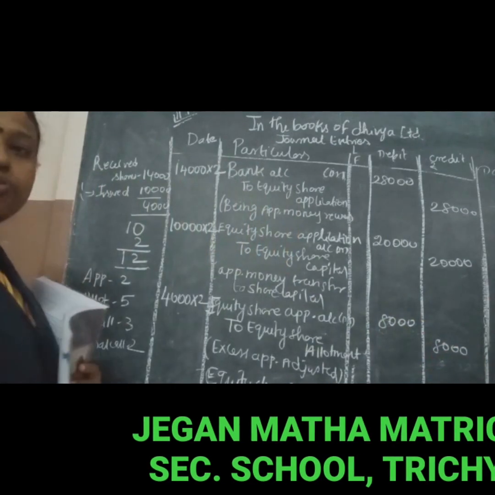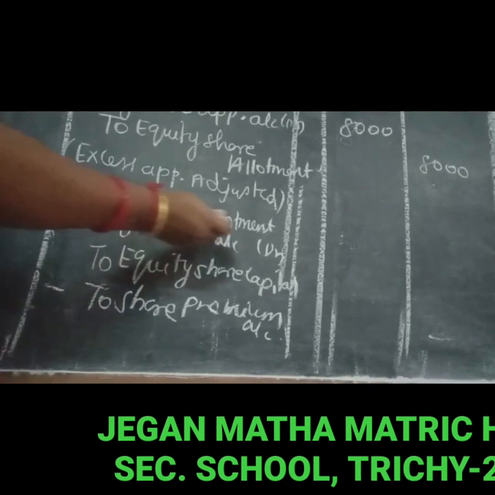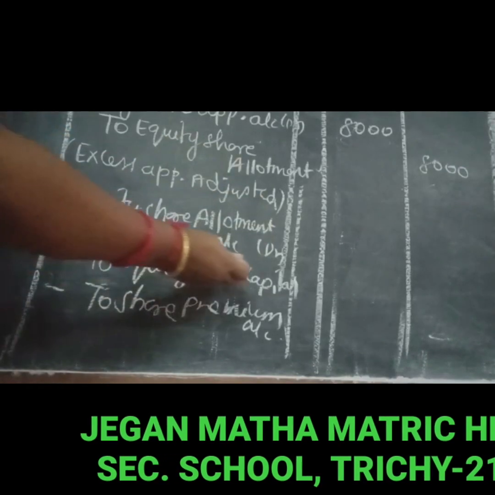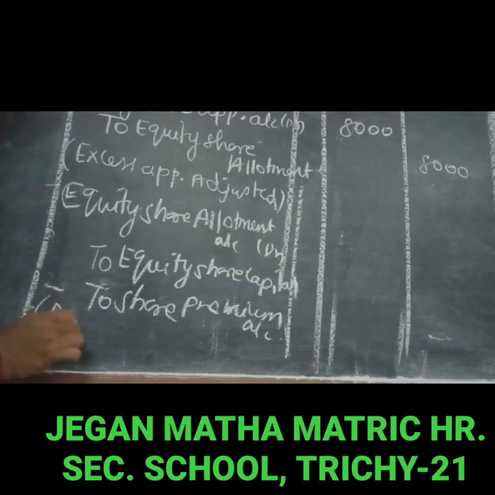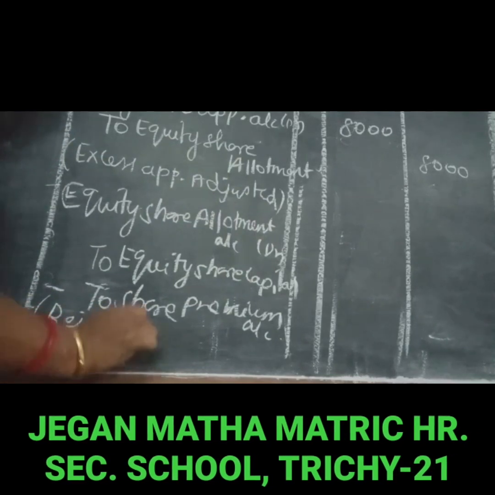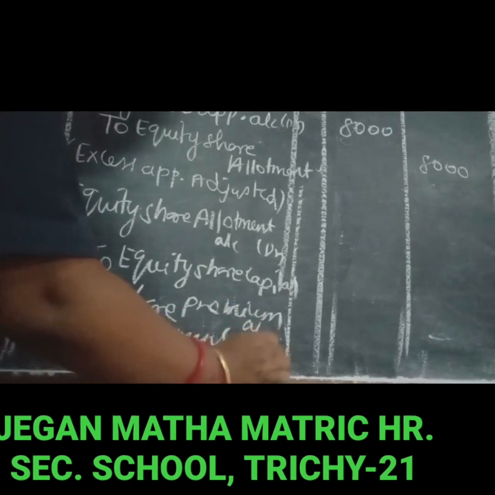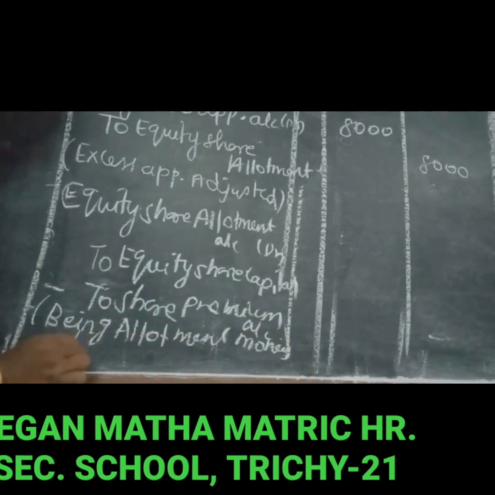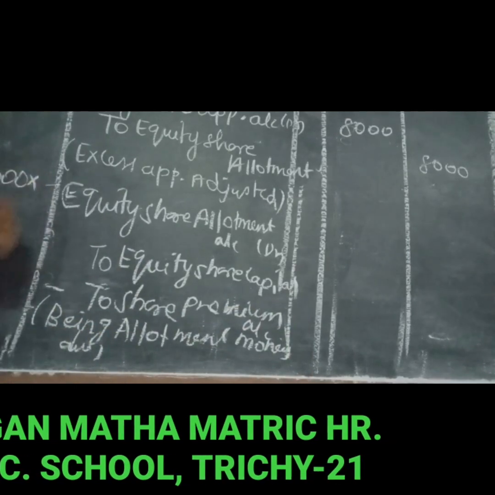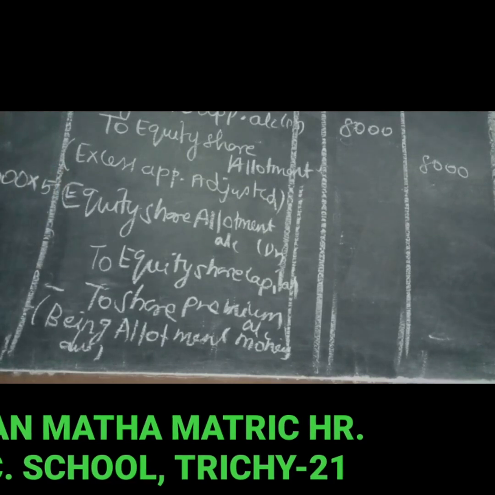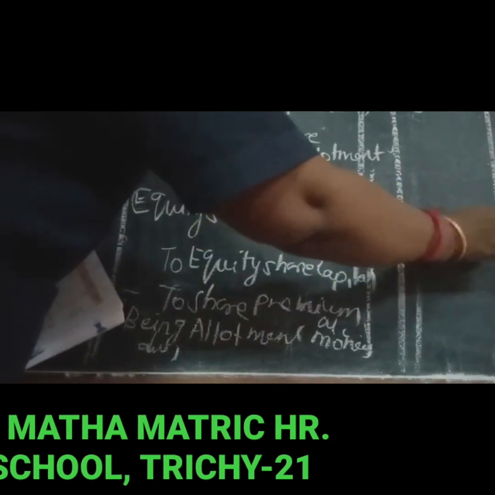Next entry for allotment. Equity share allotment account debit to equity share capital and to share premium or securities premium. Narration: being allotment money due. Total shares are 10,000, allotment money is 5 rupees, so 10,000 into 5 rupees, 50,000.